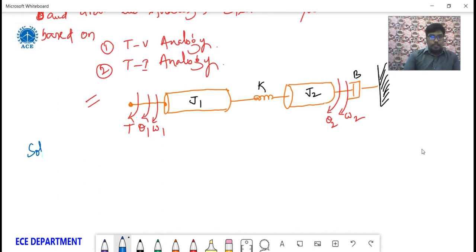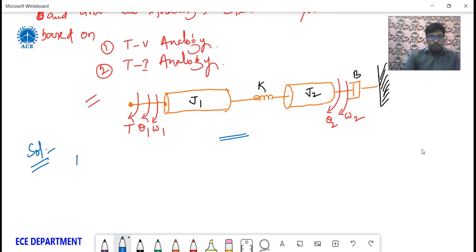Let us see the solution. Given the rotational mechanical system, we need to draw the free body diagram individually, as we did in the translational mechanical system, same, right?